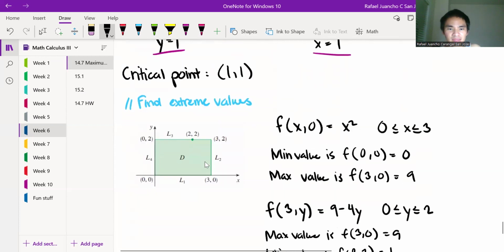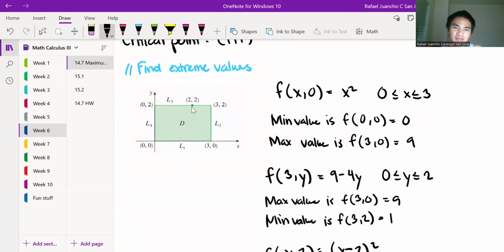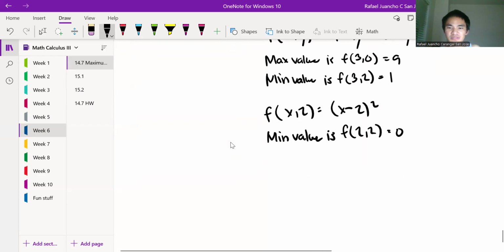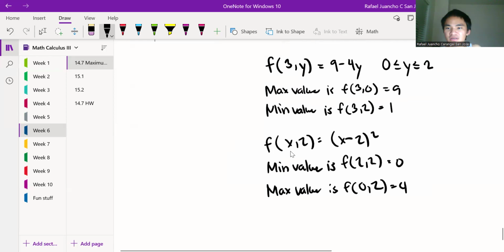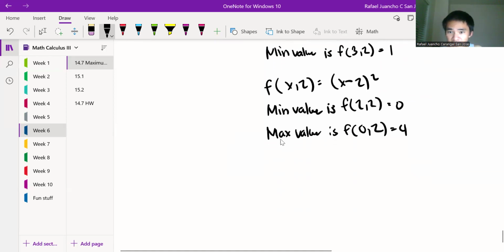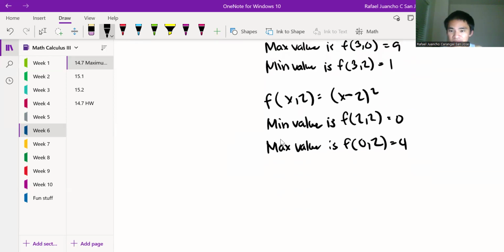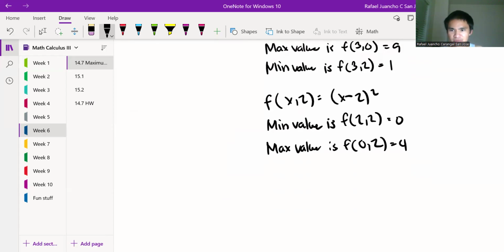F of 2, 2 is the minimum. And then my maximum is f of 0, 2, which is 4. And we can also see it kind of. So here we're just looking at extreme values, basically.